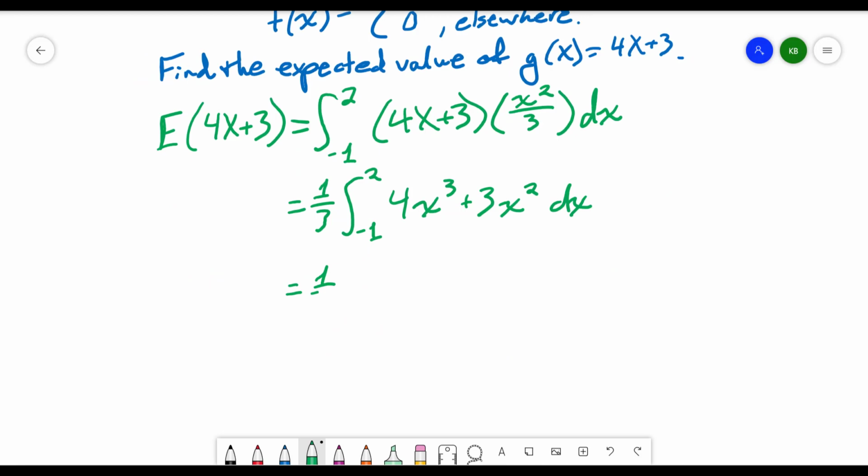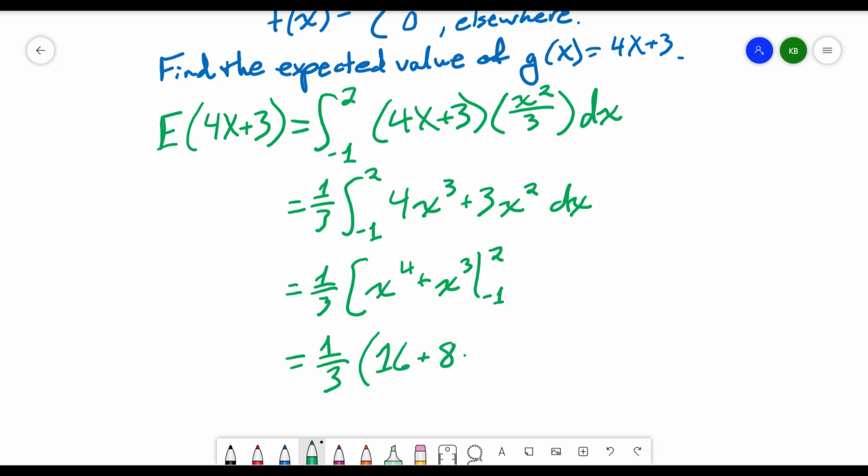So this is 1/3 times x to the 4th plus x cubed, evaluated from negative 1 to 2, which is equal to 1/3 times 16 plus 8, minus negative 1 to the 4th, which is positive 1, plus negative 1 to the 3rd, which is negative 1.